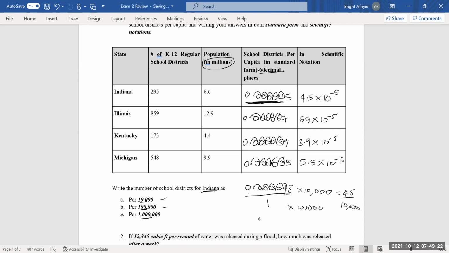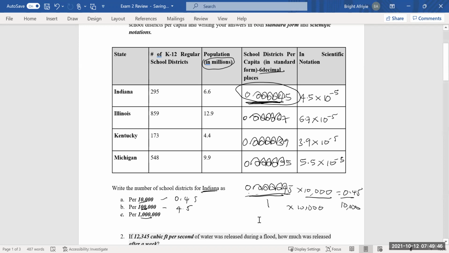So that is 4 places and not 5. So this will be 0.45. Sorry about that. So this is 0.45 instead. So when you multiply this by 10,000, that should give you 0.45. And you're going to take the same number here and multiply by 100,000, and that'll give you 4.5.